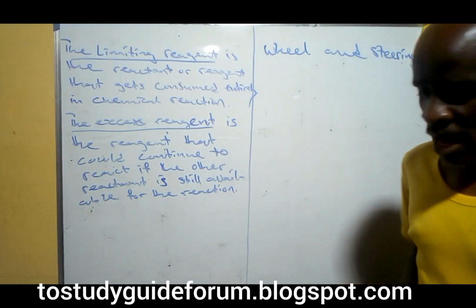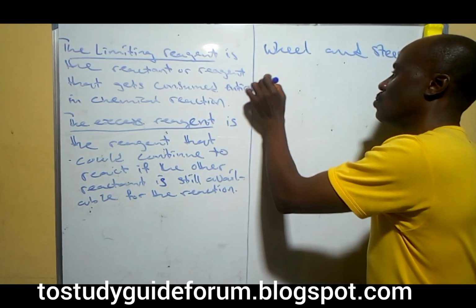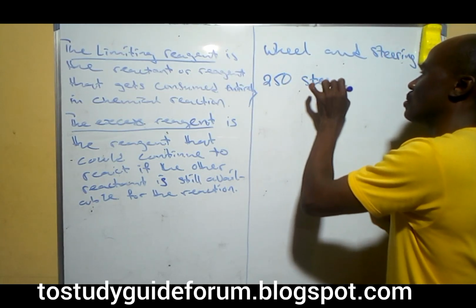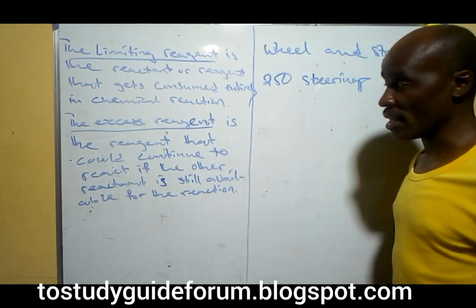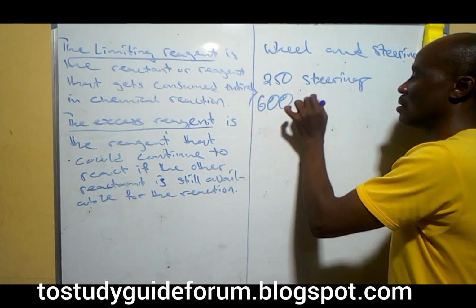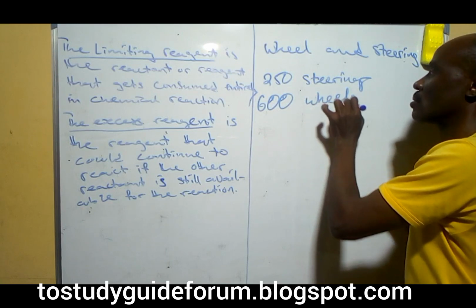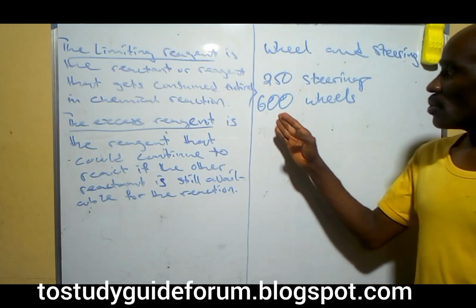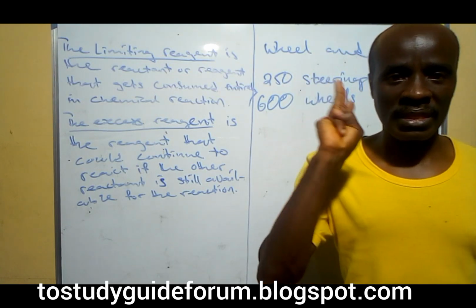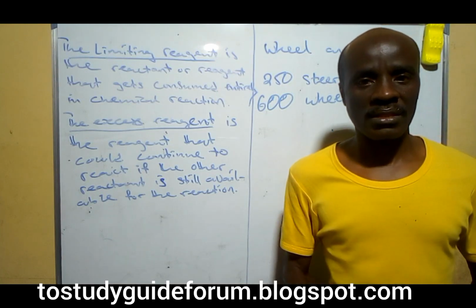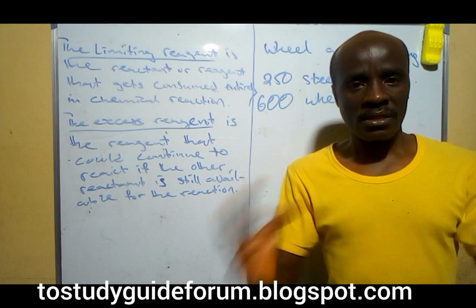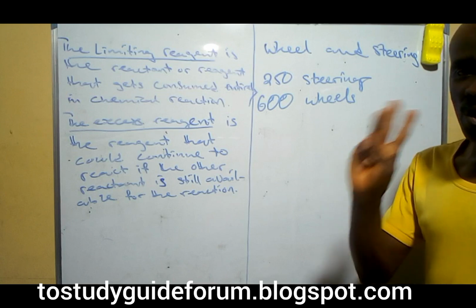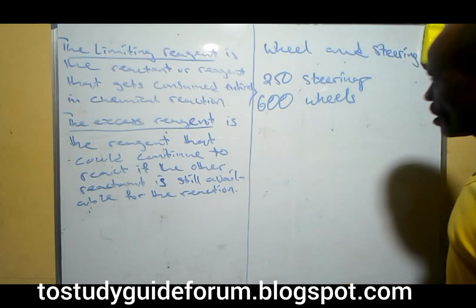In this company, they have 250 steerings, and then they have 600 wheels. Now, you know that a tricycle needs 3 wheels and a steering to complete the whole production. For one tricycle, it needs 3 wheels and one steering.